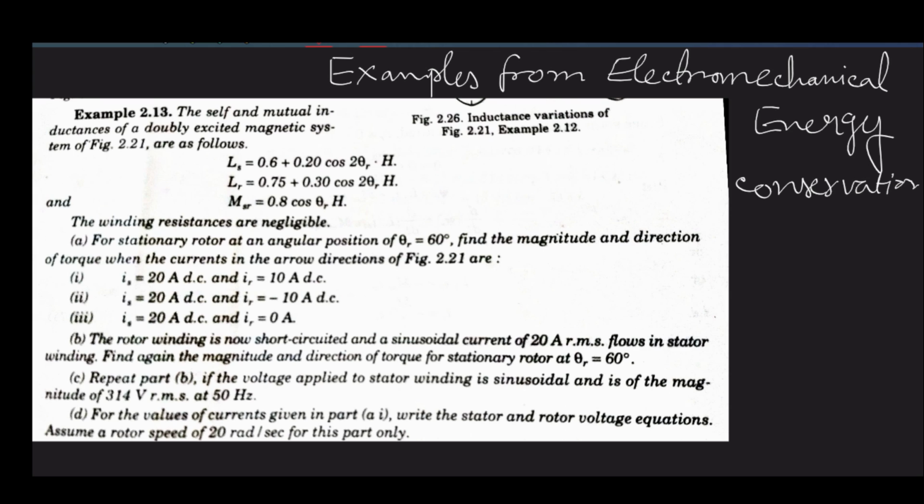and here it is the same thing. We have a salient pole configuration. How do you figure out that there exists some saliency in your rotor?